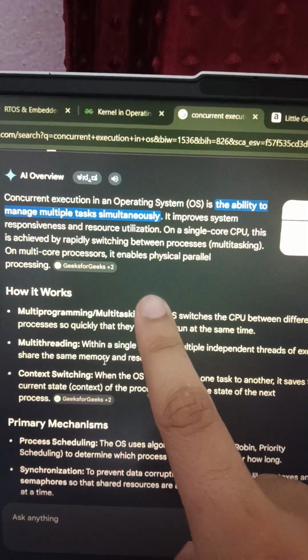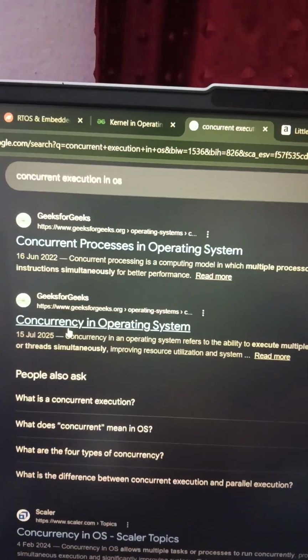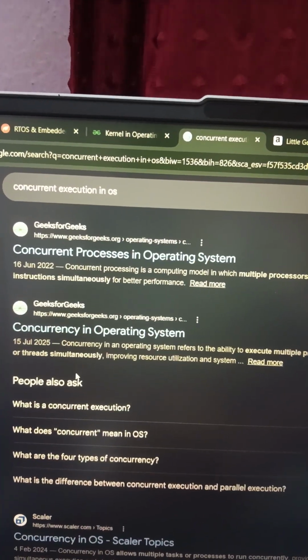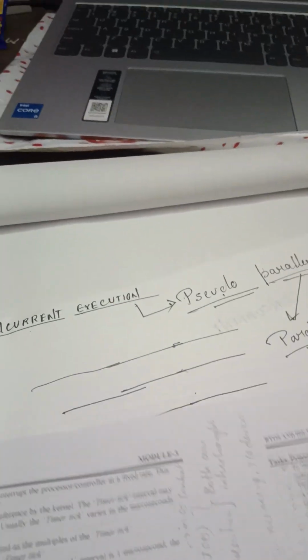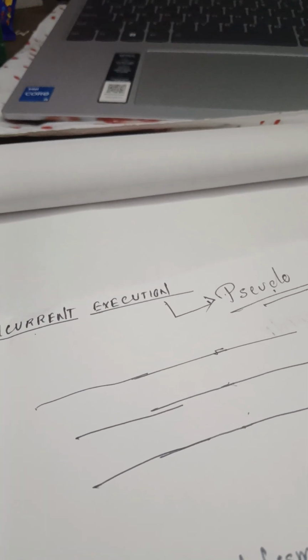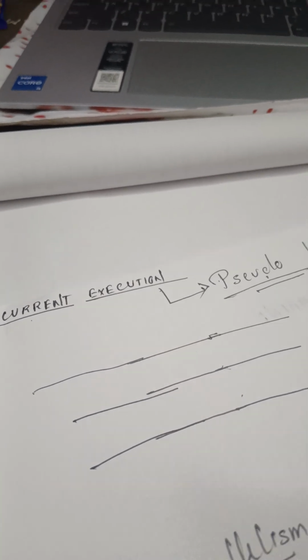If you want, you can read the whole definition. This is an AI overview. Here are all the other studies about concurrency in operating systems, which you can go through. But in a nutshell, this is what concurrent execution is. Concurrent execution is basically an illusion of parallelism. The tasks are shared between the CPU so quickly that it feels like parallelism.